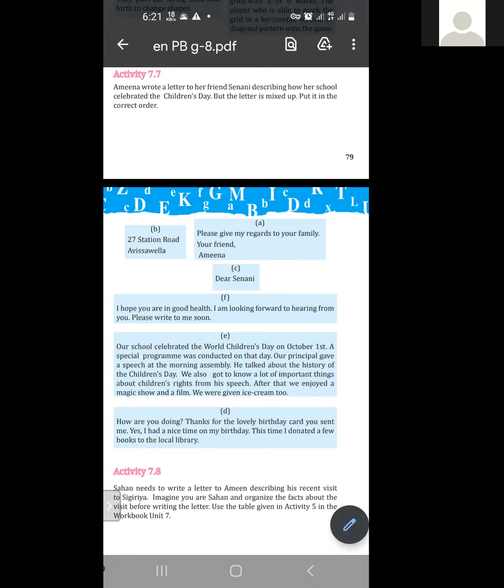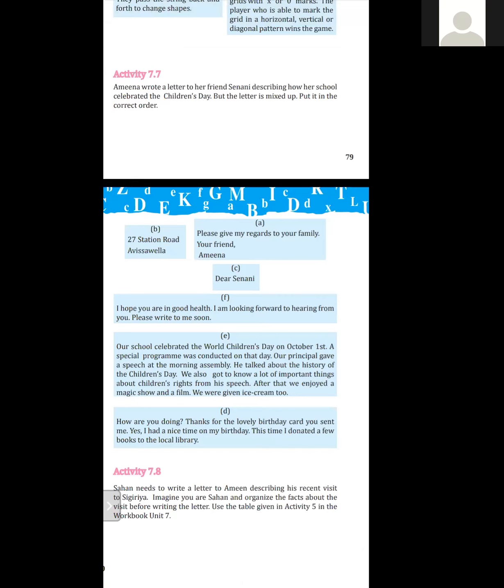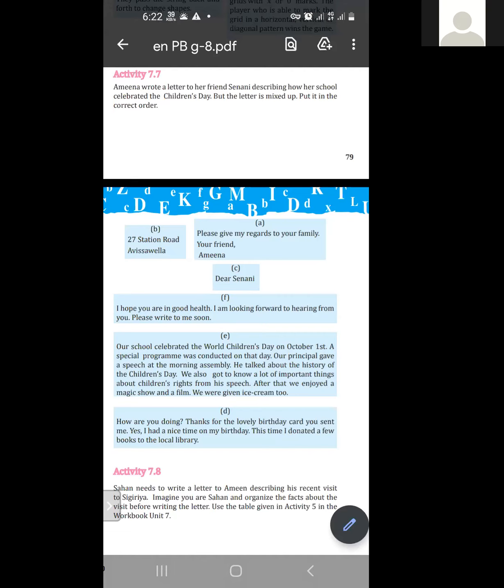Okay, then the e. Here the e is the body of the letter. What are the things given in the e? Our school celebrated the world's children's day on October 5th. A special program was conducted on that day.